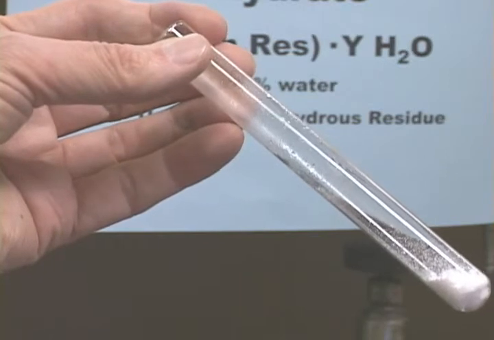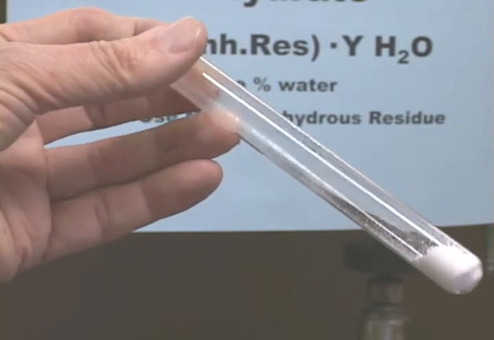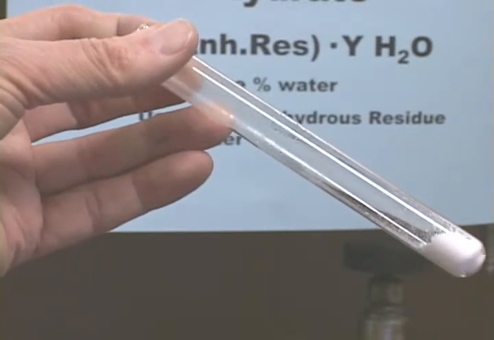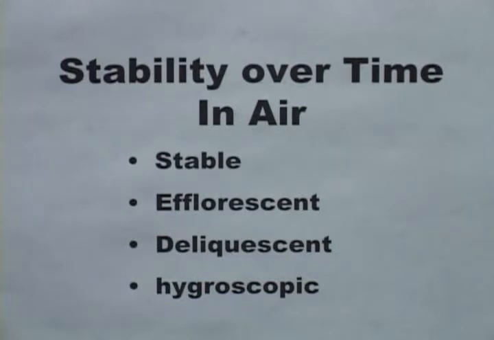Remember, in this experiment, you're trying to drive off the water. So if after heating you see some condensate still in the top of the tube, reheat it so you drive all the water off.